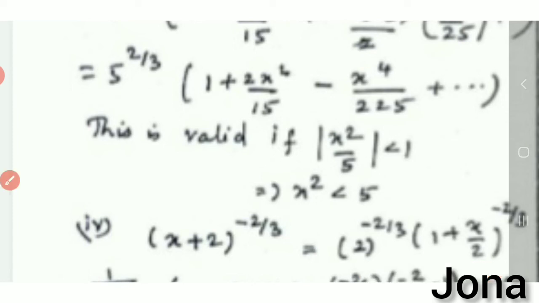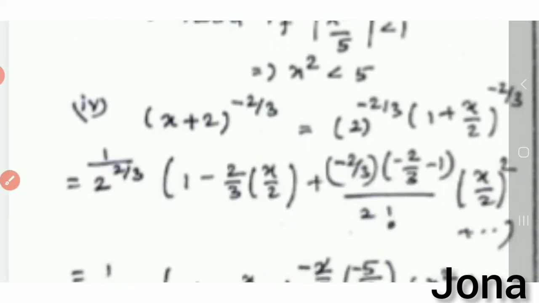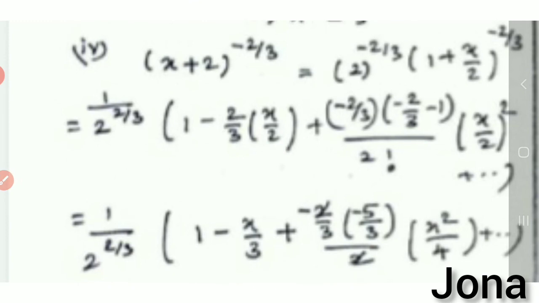And then the fourth part of first problem, (x + 2)^(−2/3). So here take 2 as common factor, so that we have 2^(−2/3) into (1 + x/2)^(−2/3).